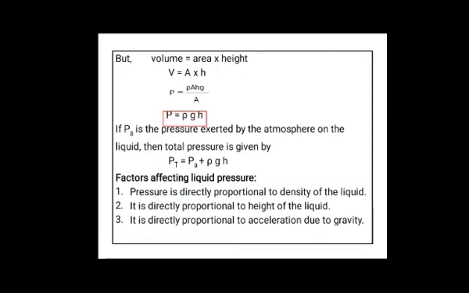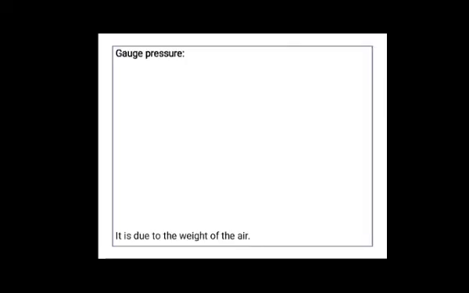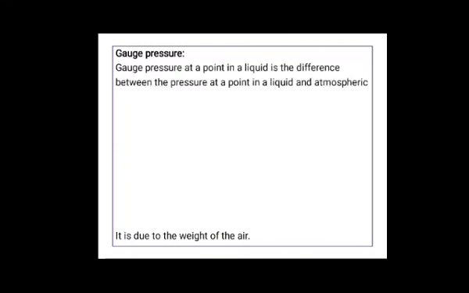Then we get one more important term here, that is gauge pressure. So what is this gauge pressure? Gauge pressure at a point in a liquid is the difference between pressure at a point in a liquid and atmospheric pressure. Means liquid pressure is nothing but gauge pressure.